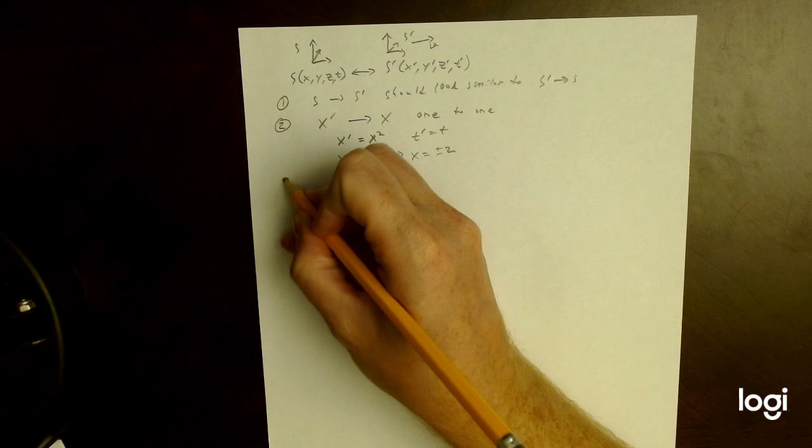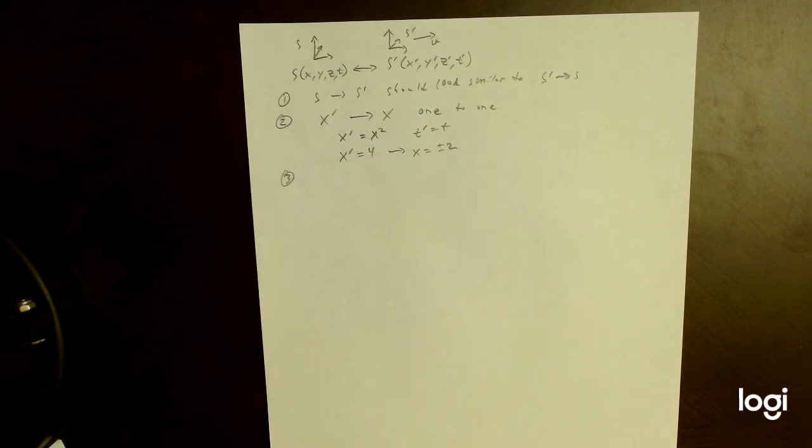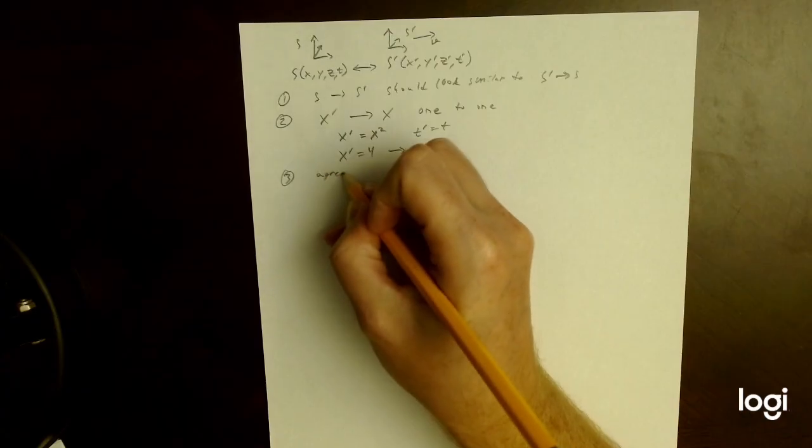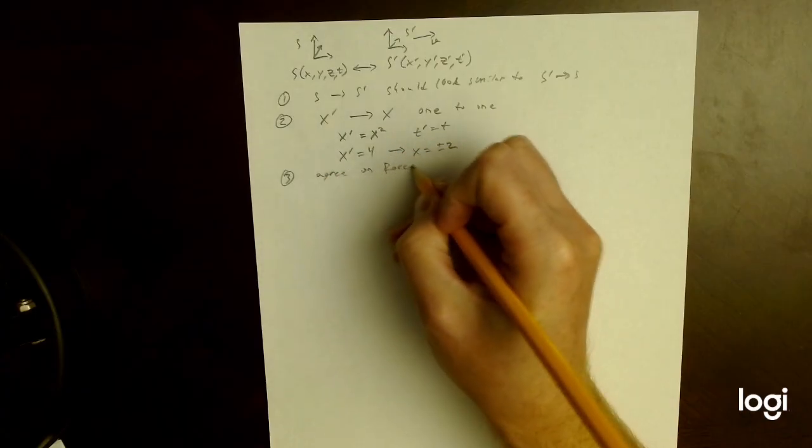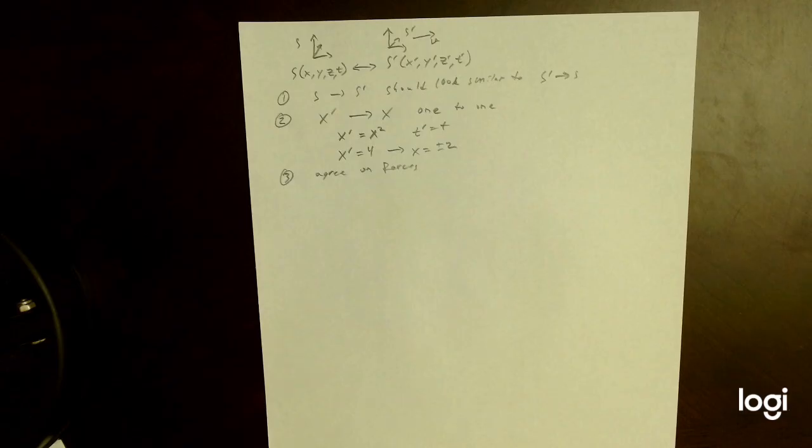And then the third thing that we want to be sure of is we want to be able to agree on forces. This is going back to one of the core tenets of relativity again. Say you were floating out in space somewhere very far away from any other object, and you were performing a set of experiments, and then someone else is performing the same set of experiments, but in a frame moving at constant velocity relative to you.